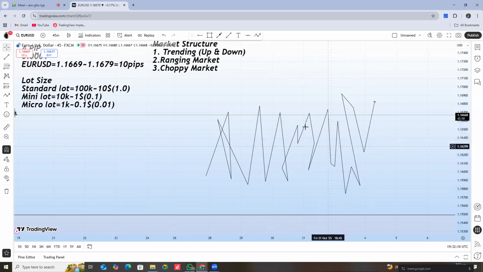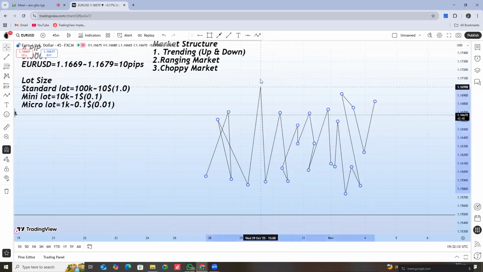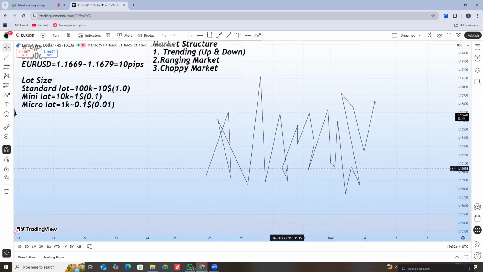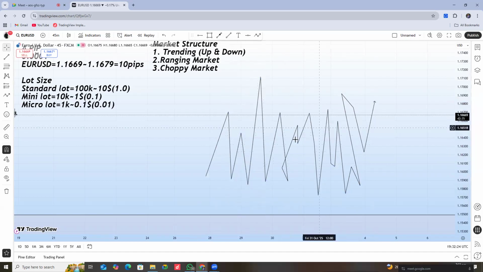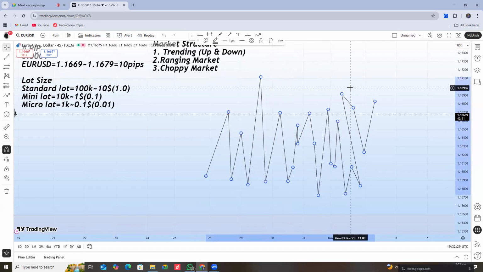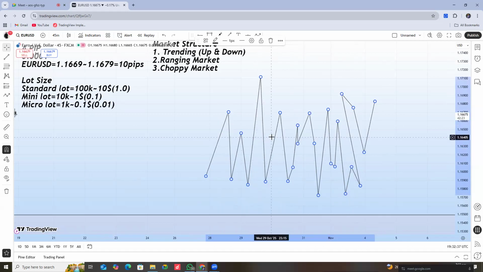Sometimes it can even give you an outlier like this. It's very, very irregular. So you can hardly tell whether this is an uptrend or a downtrend or whether it is ranging. Because of that, in the choppy market, we don't trade. Okay, we don't trade the choppy market.